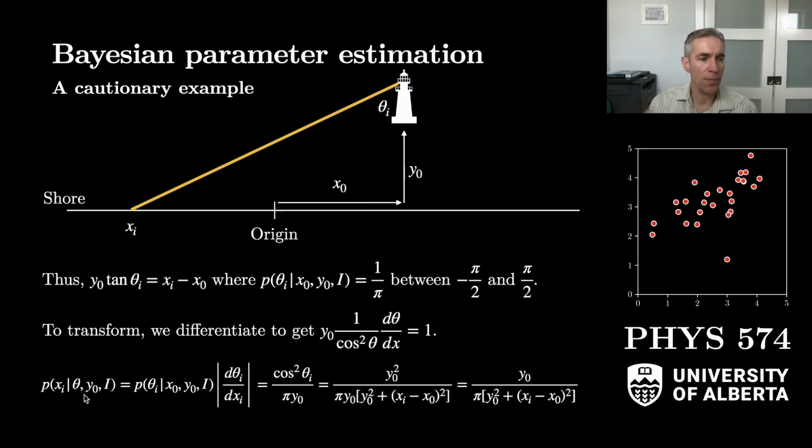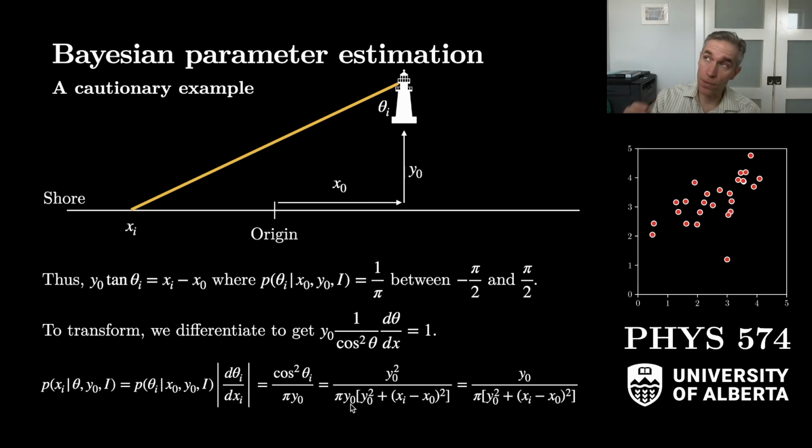And then we say the probability of xi given theta and y naught and I is the probability of that theta, which will just be this uniform value, times that derivative. And so if I solve this for d theta by dx and put it in absolute values, we get that this probability of xi given theta, y, and I is cos squared theta i over pi times y naught. So that's just solving this expression.